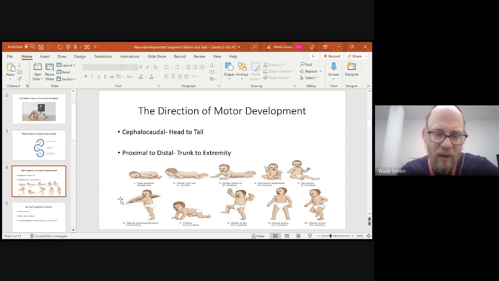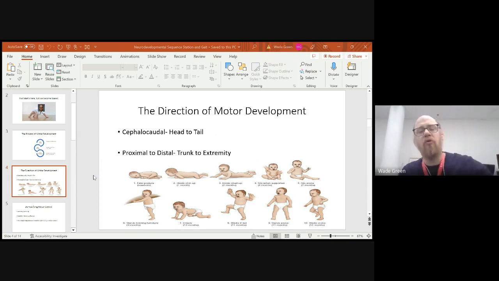And then as we start to stand, the base of support becomes gradually more narrow as well, moving from wider to more narrow. So as this baby develops coordination and muscular control, he doesn't need as wide of a base of support to perform movement.